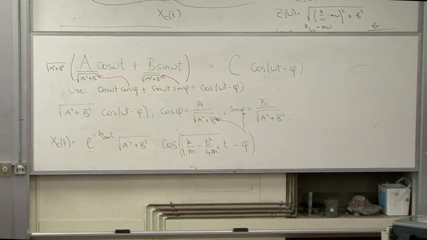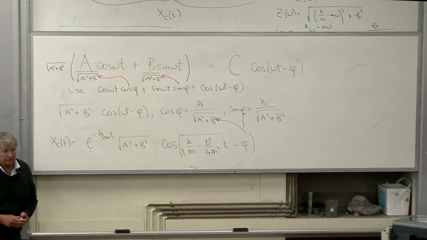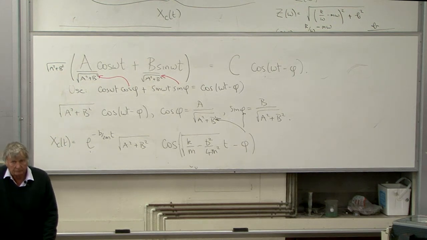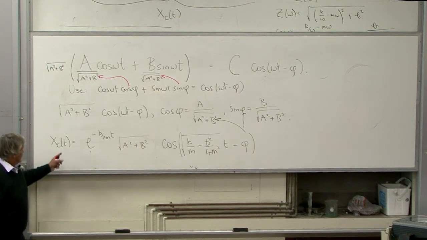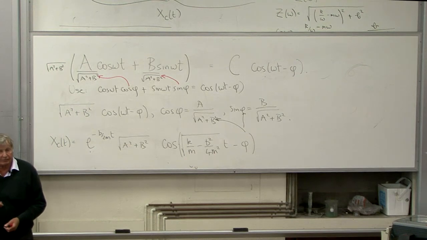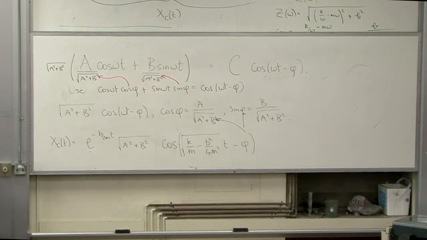Now, is this a periodic function? Can I add some capital T to little t so that x_c of (capital T plus little t) is equal to x_c of little t for all time? Can I do that?